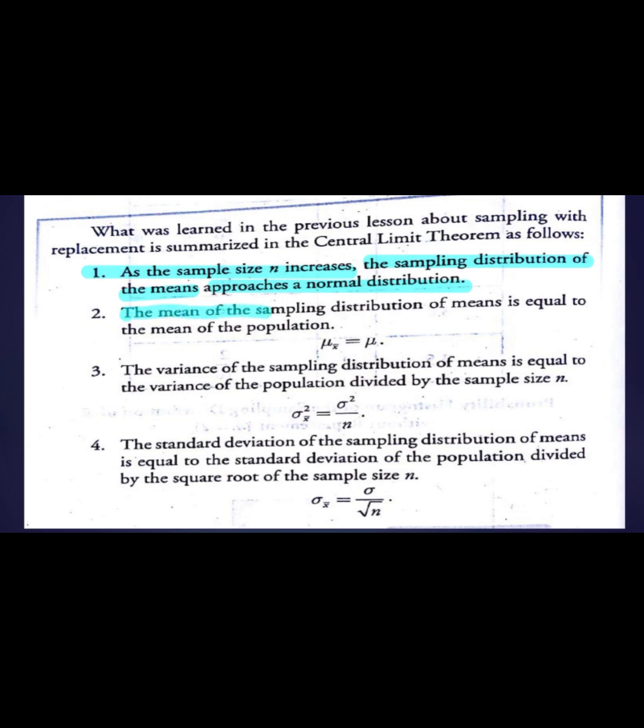The mean of the sampling distribution of means is equal to the mean of the population. 3. The variance of the sampling distribution of means is equal to the variance of the population divided by the sample size n. And 4. The standard deviation of the sampling distribution of means is equal to the standard deviation of the population divided by the square root of the sample size n.